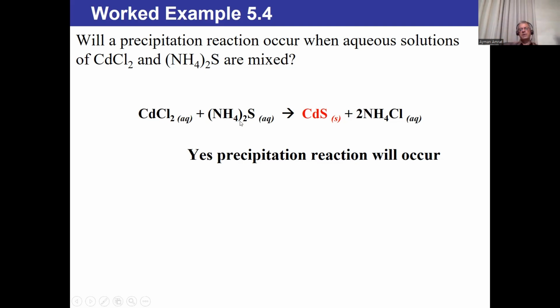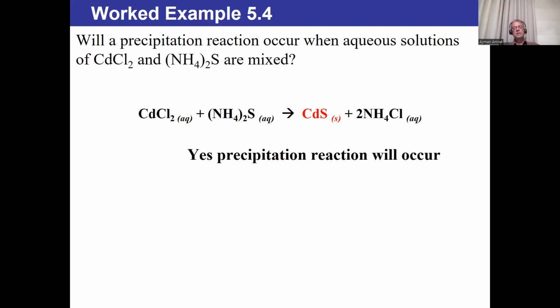Double displacement yields cadmium sulfide. Cadmium sulfide is insoluble, so it is an insoluble ionic compound, while ammonium chloride is soluble, aqueous, which means there is no precipitate here. The only precipitate is cadmium sulfide.